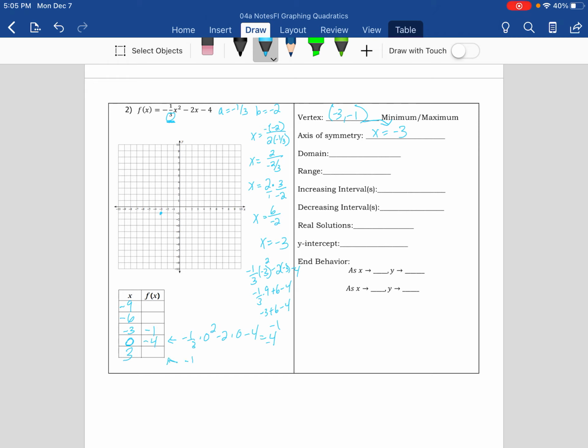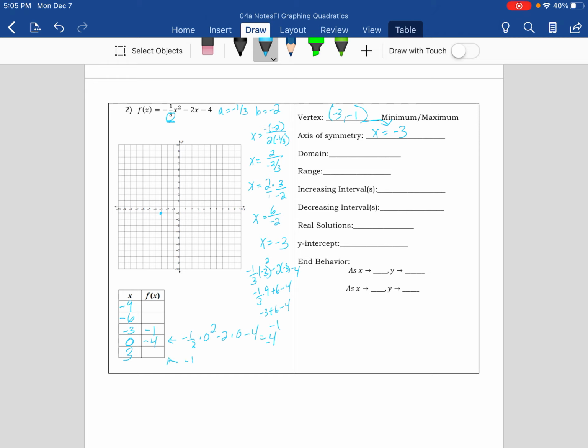And then for this one here, this is going to be negative 1/3 times 3 squared minus 2 times 3 minus 4, negative 1/3 times 9 minus 6 minus 4. Again, put it in the graphing calculator if you're more comfortable. So this is going to be negative 3 minus 6, which is negative 9.